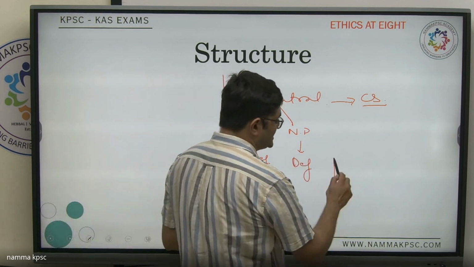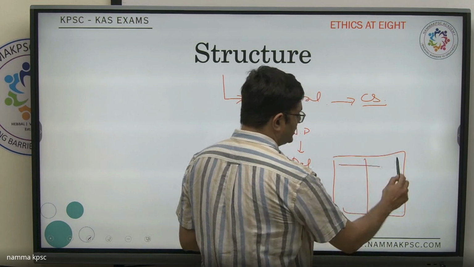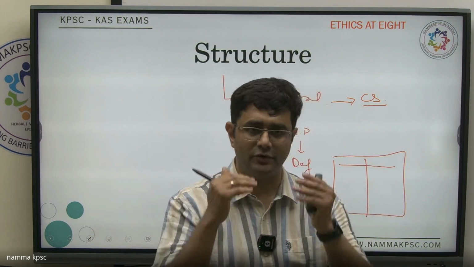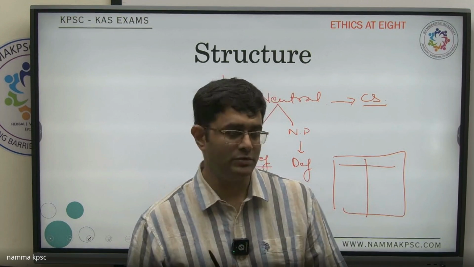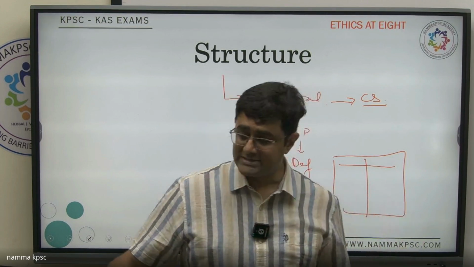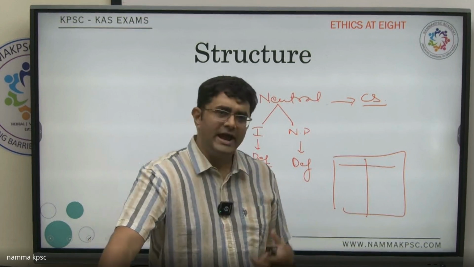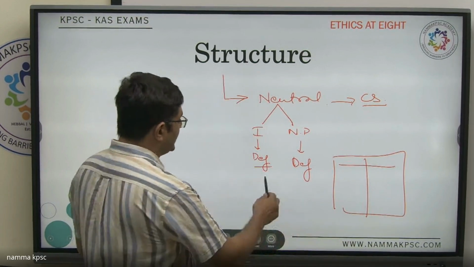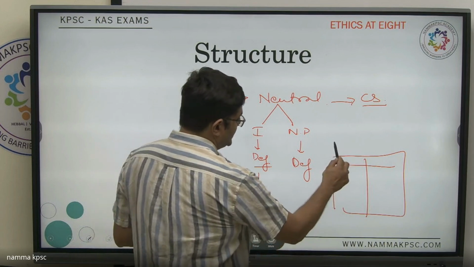Whenever a difference is asked, it's always ideal to write it in a table. You can write it in paragraphs also, or in sentences where you're comparing the two. But if you are able to bring out the difference in a table, it becomes much easier for the examiner to evaluate, and hence you might be able to fetch better marks. Then you write the difference between the two. That is the second part.